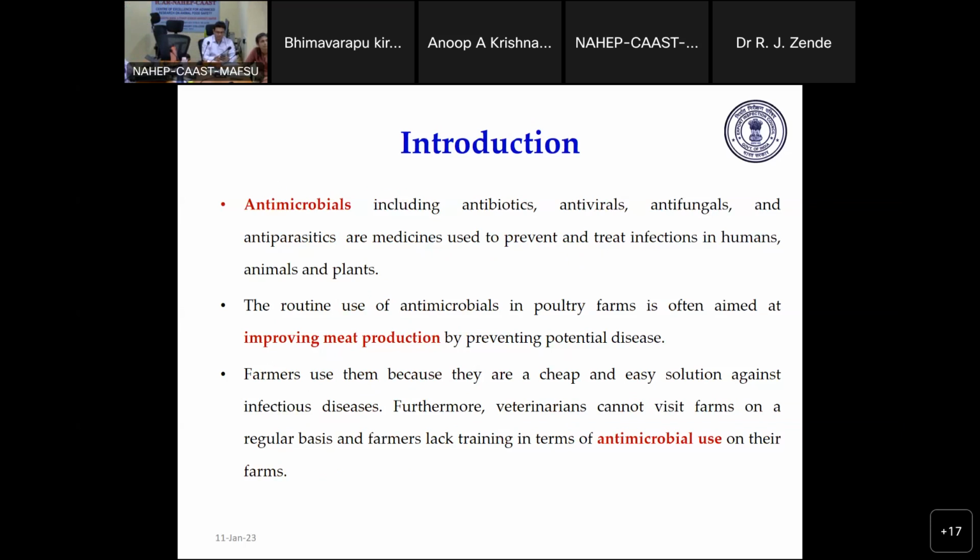The problem here is mainly the abuse of antimicrobials, and the residues remaining. That is where our concern is, and that is where our analytical tools are used to identify whether these antibiotic or antimicrobial substances are present in residue form in animal origin products.